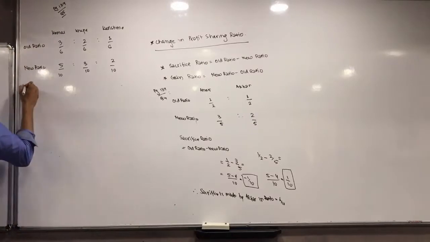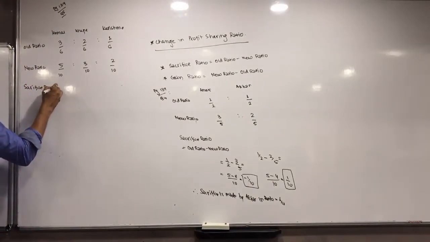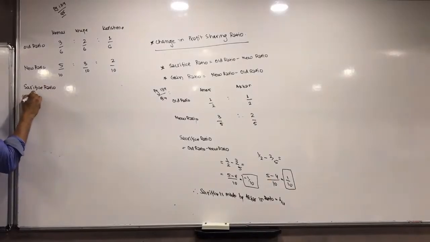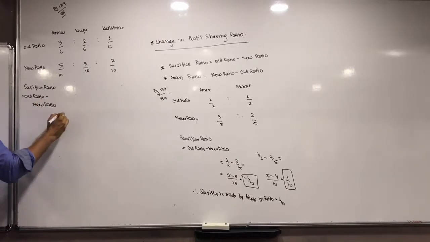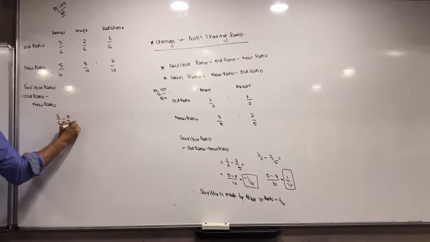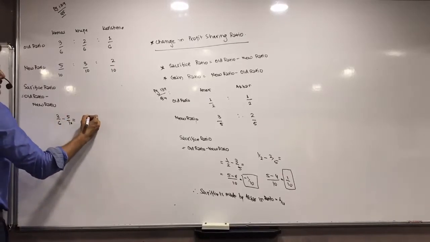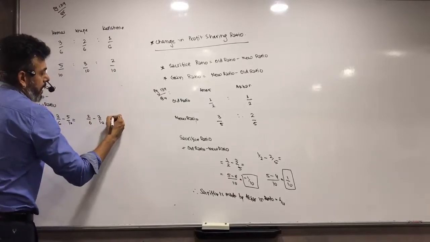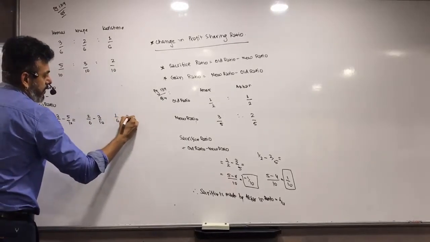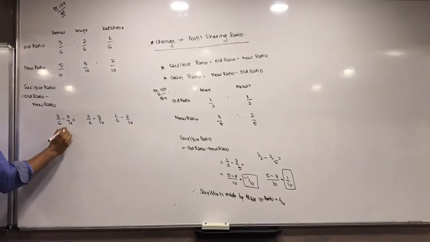So sacrifice ratio is equal to old ratio minus new ratio, which is 3 by 6 minus 5 by 10, then 2 by 6 minus 3 by 10 and 1 by 6 minus 2 by 10.